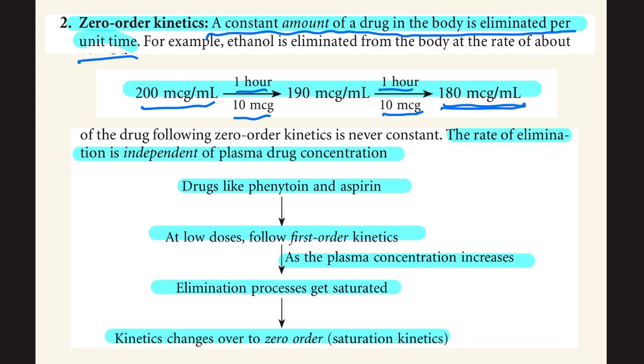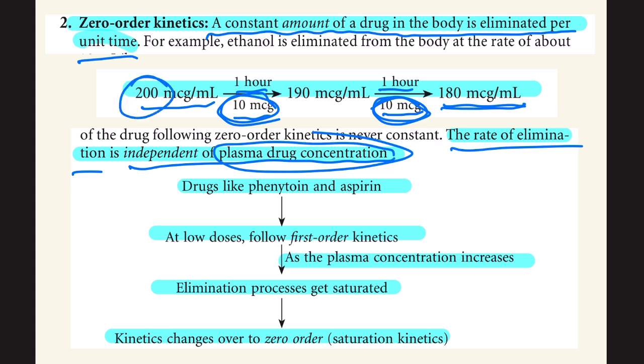So every 1 hour there is removal of a constant amount of the drug. Here the rate of elimination is independent of the plasma drug concentration, whether it is 200, 190, or 180. Every time only 10 microgram will be removed in 1 hour. This is the speciality of zero order kinetics.